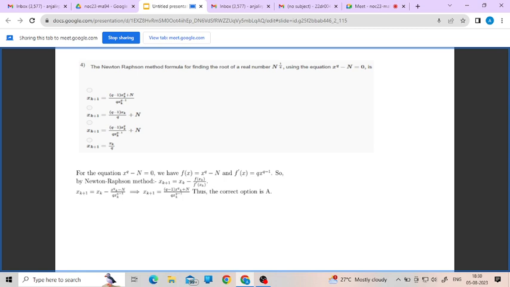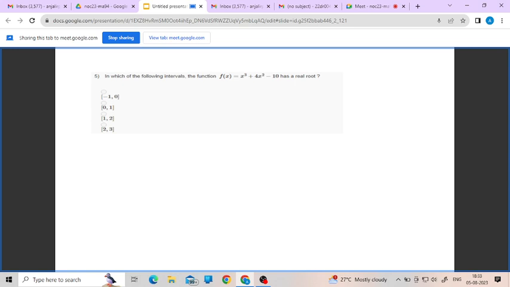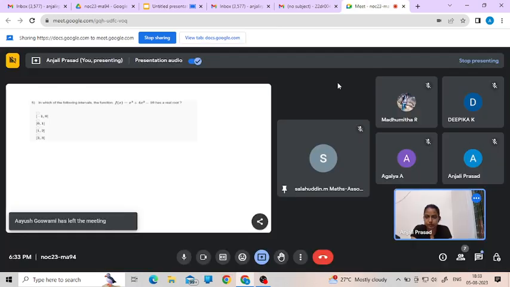Okay, so use Sturm sequence and find it. Take this function f of x and apply the Sturm sequence.